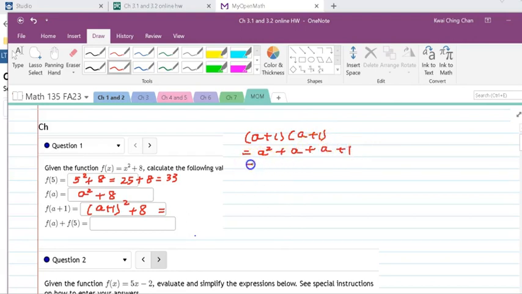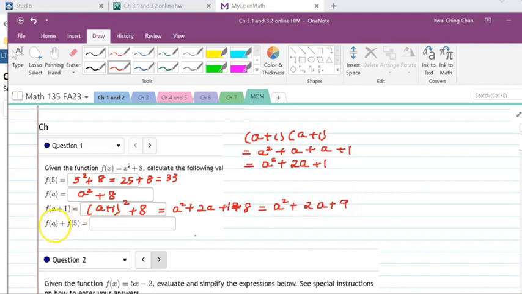So it turns out to be a squared plus 2a plus 1. And so I would write a squared plus 2a plus 1, plus 8. So that would be a squared plus 2a plus 9.